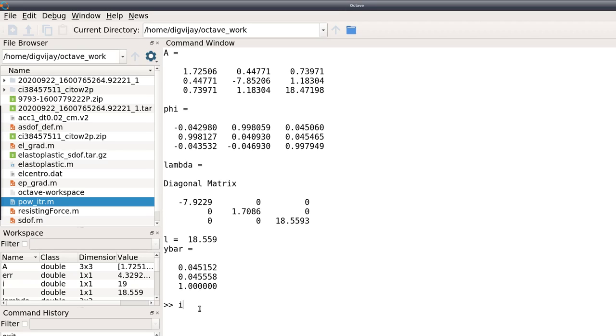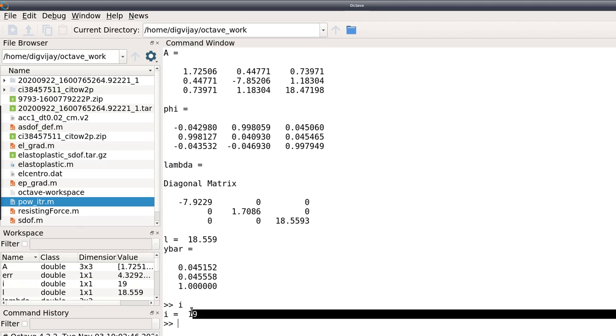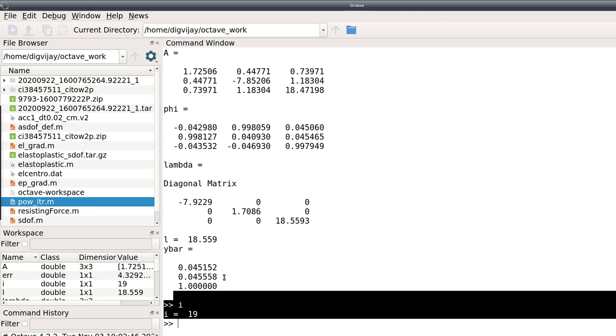How many iterations did it take for this? 19. Earlier it was around 9, now it is 19 because you have a much stricter error restriction. So that's why the number of iterations required was more. Okay, so this is power iterations, and that's the only thing we have covered so far.